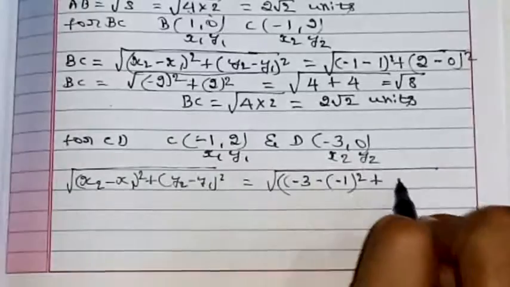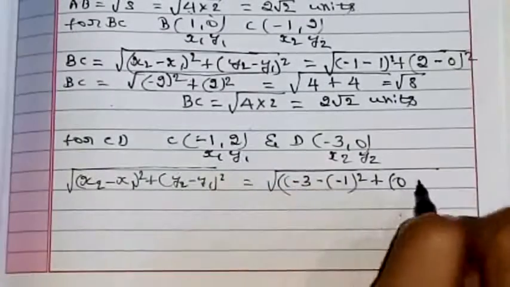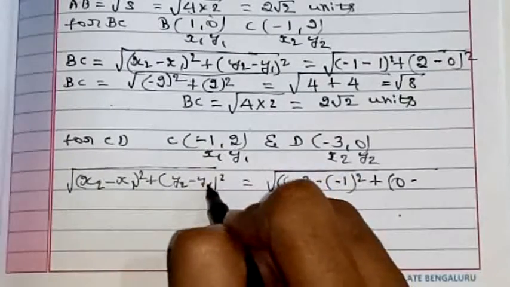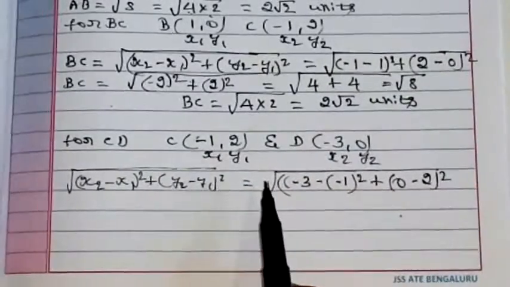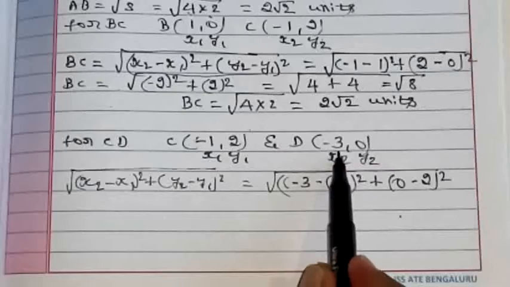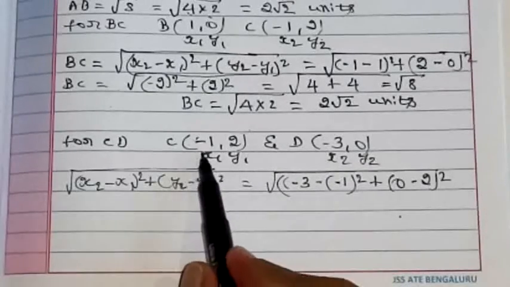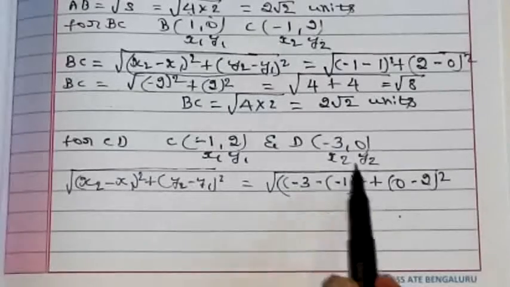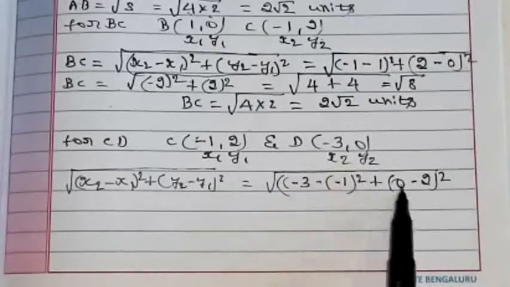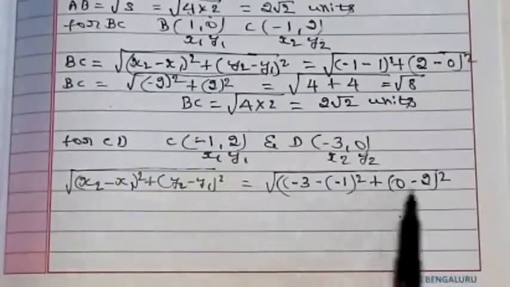Plus, what is y2? y2 is 0 minus y1 is 2. So therefore 2 whole square.